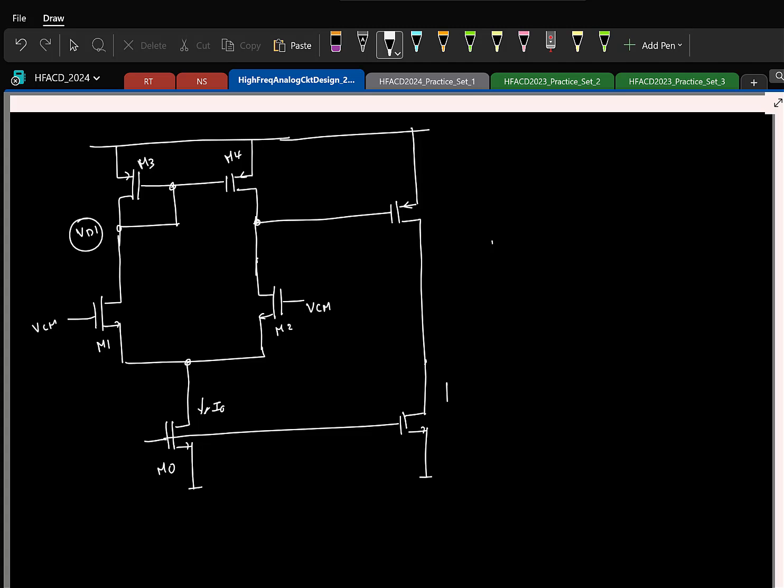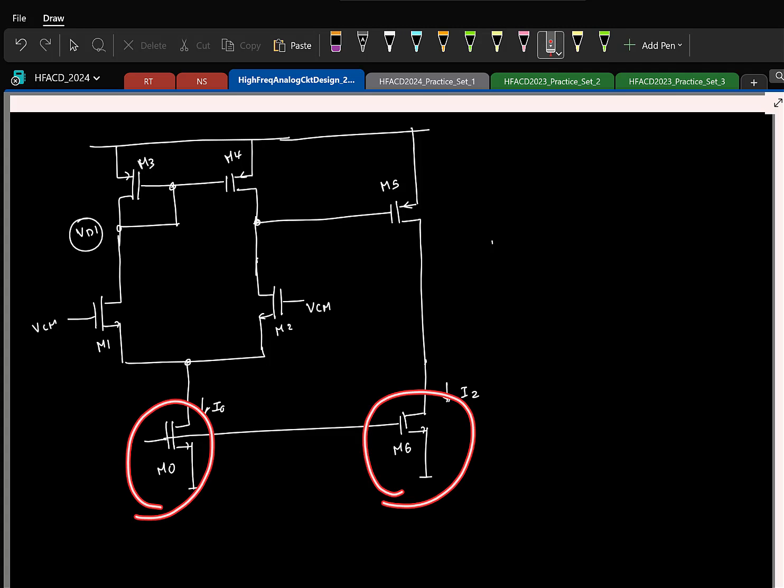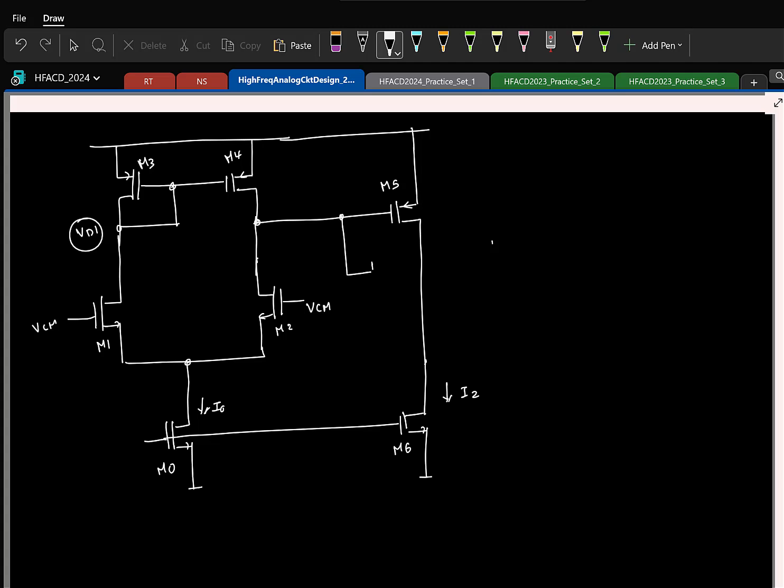Let us say you want this to be biased at some current I2, and let me also label these as M5 and M6. You choose the sizes of M0 and M6 appropriately so that here the current is I0, here it is I2. And of course, this is two stage, so you have to put a capacitor to compensate. Let us put that. You see? Great.